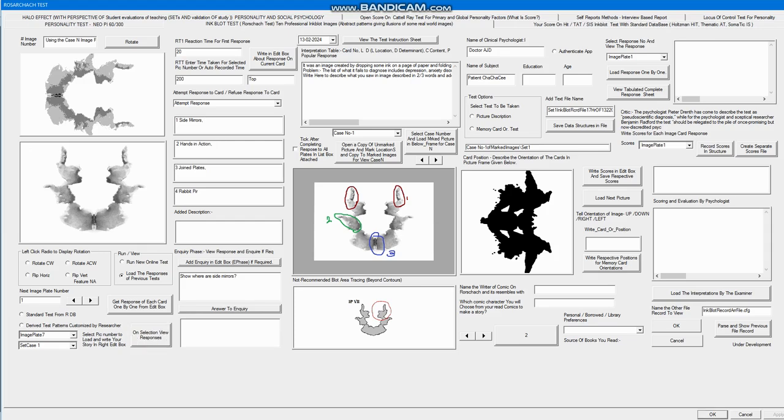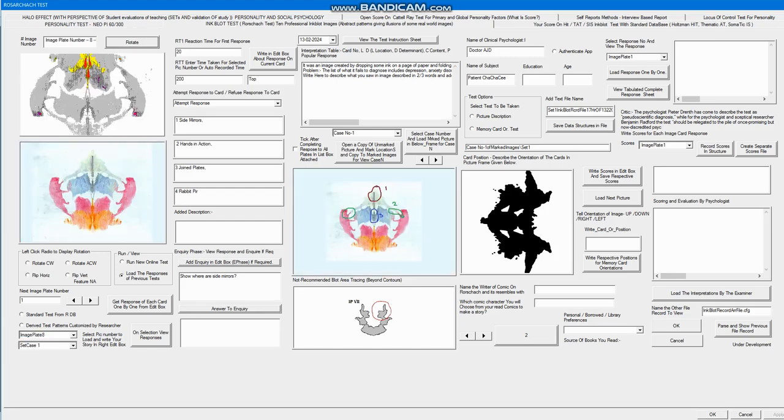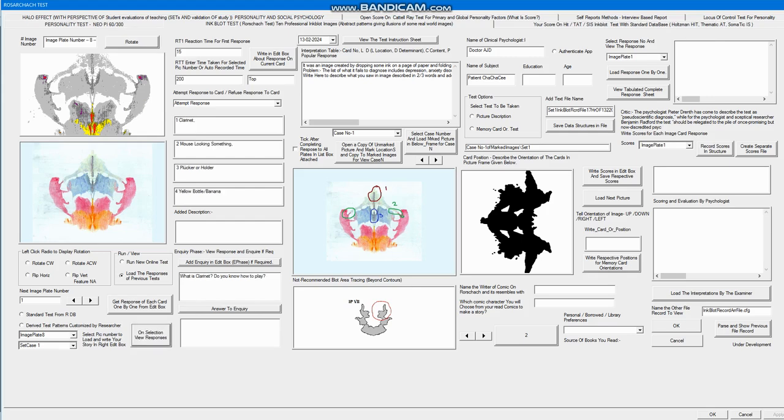When the examiner presents the card to the subject, the subject can turn the card top, bottom, left, right. The examiner has to record the same, and is also required to record all card positions and the responses.